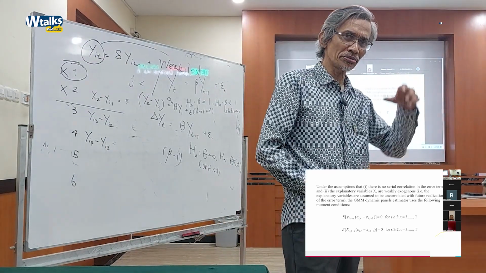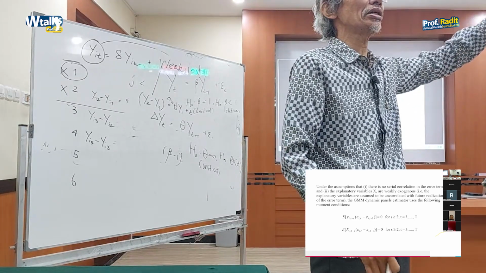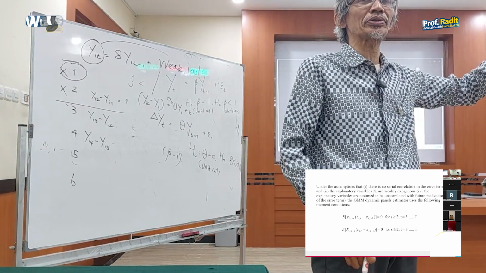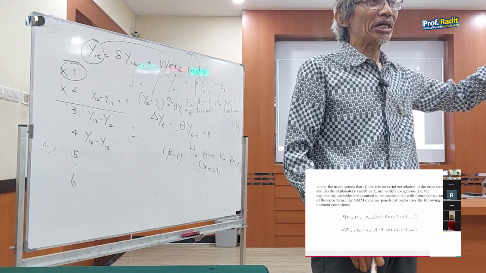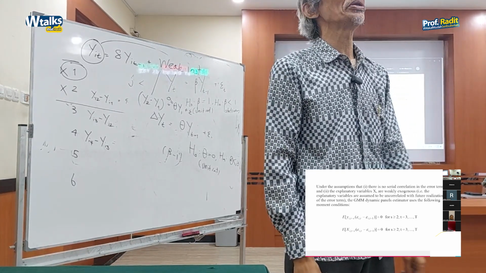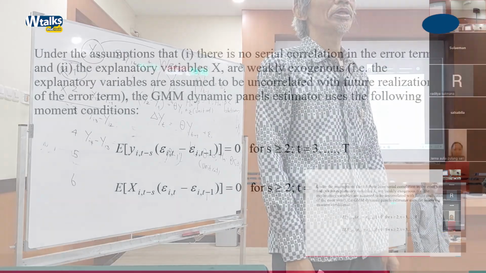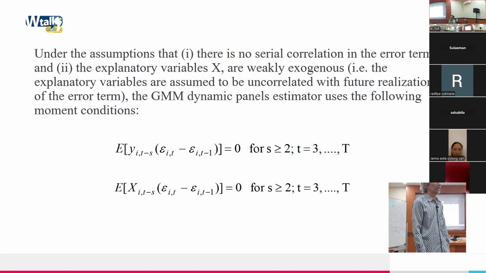A strong instrument is one that is strongly correlated with the variable that you try to instrument. But if that variable is highly persistent, the instrument that you use will be weak. Okay. Right? So you have the problem of weak instruments there.